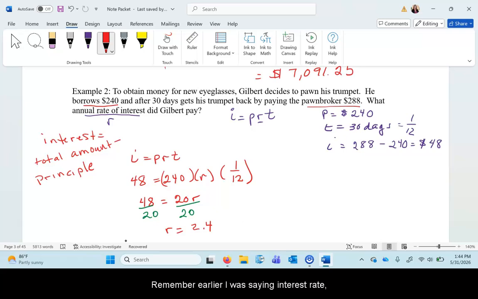Remember earlier, I was saying interest rate, usually we express it as a percent, right? This is the decimal form. When we're working inside the equation, this is still the decimal form. So to go backwards, in other words, to write this now as a percent, instead of dividing by 100, we're going to multiply by 100.